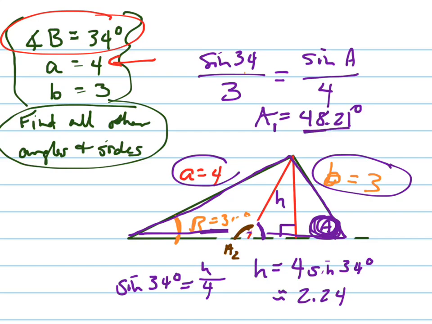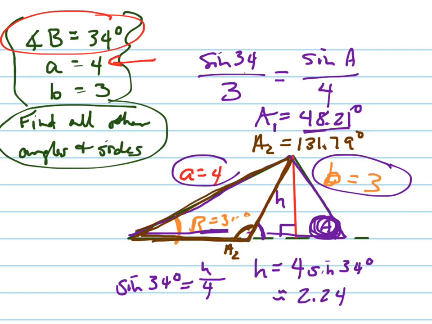So what's A2 equal? 180 minus that? 131.79. And then again, you can find all of the other sides and angles of this triangle by just using law of sines and properties of triangles and so forth.